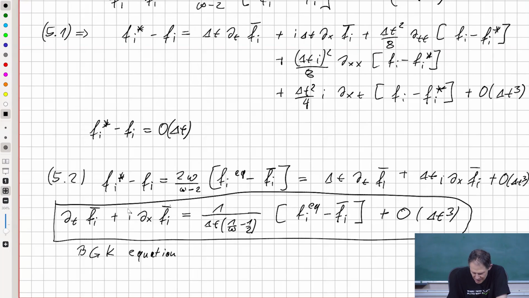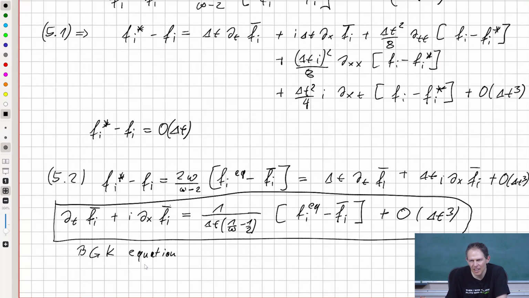One thing is that in the original BGK equation we just had this f, without any indication. We were using this as the pre-collision state. Now we have this f over bar. F over bar is the average between pre and post collision states.